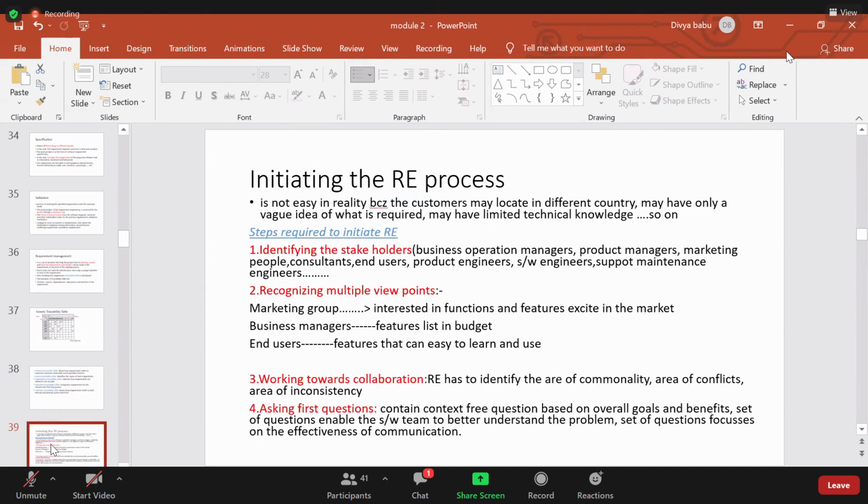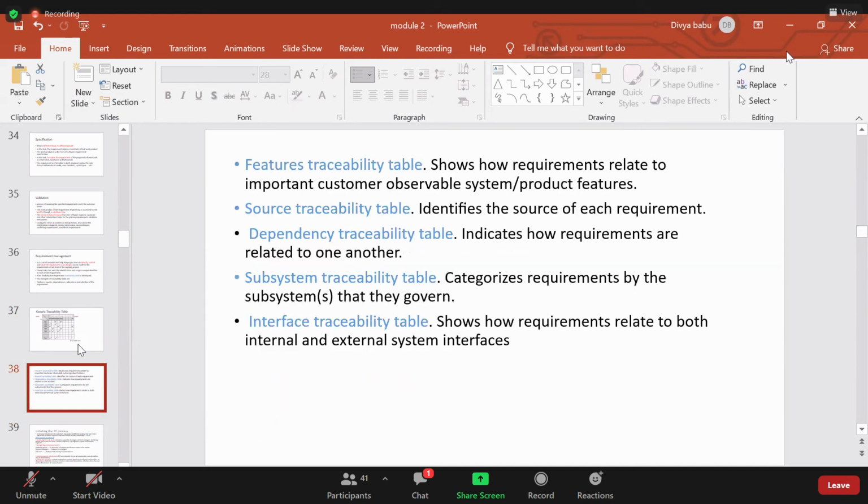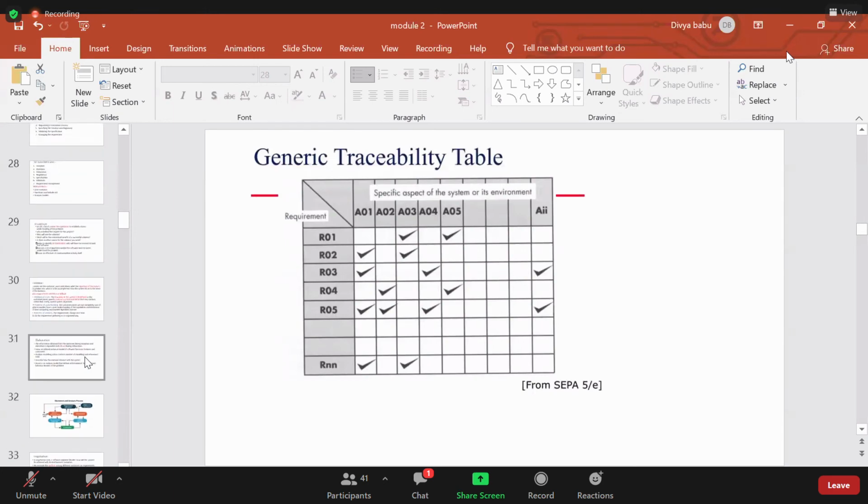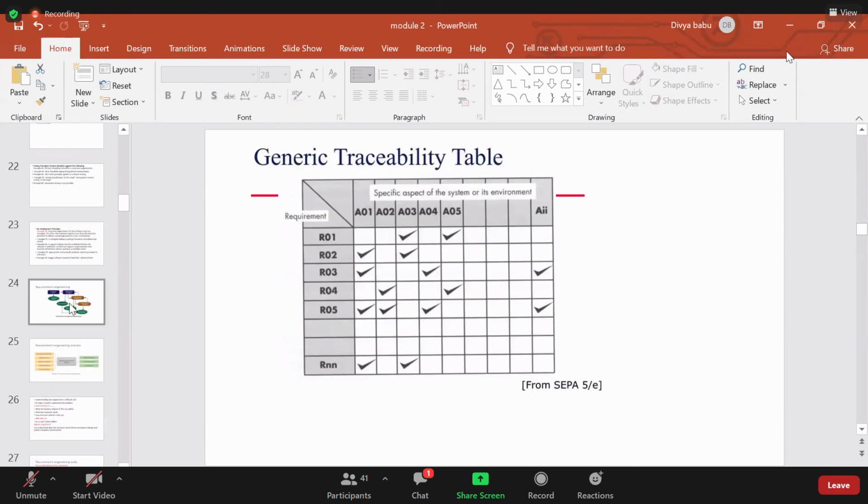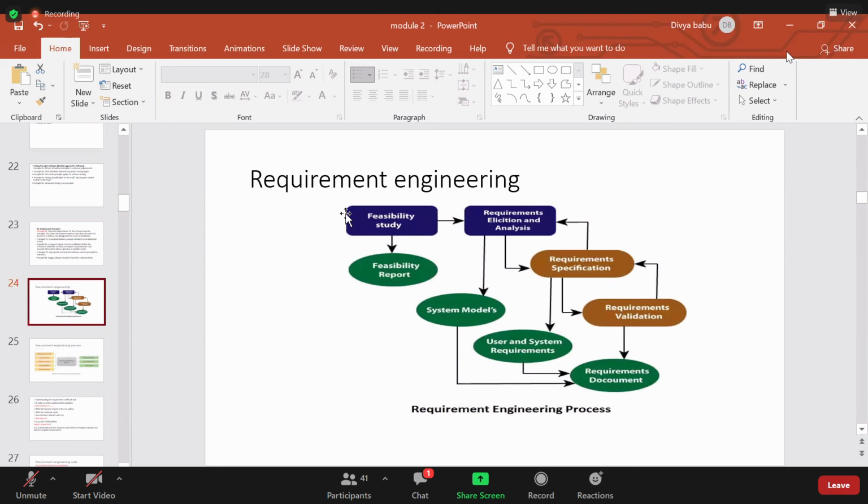So these are the 7 stages of requirement engineering. Here you could see the requirement engineering. First is the feasibility study, then we get a feasibility report. And then requirement elicitation and analysis. Then you can create a system model as the output and a requirement specification document.